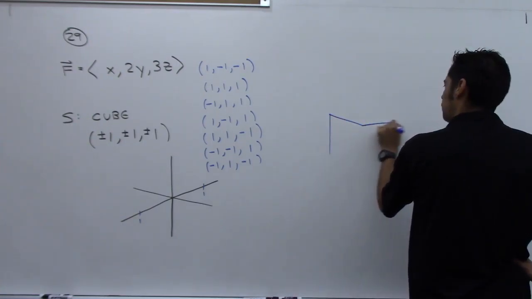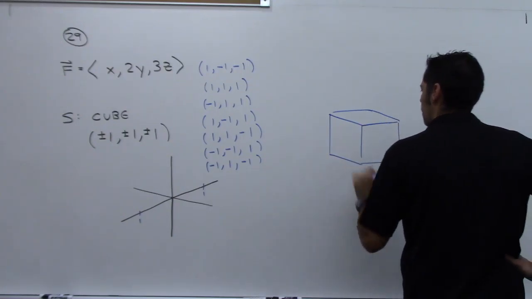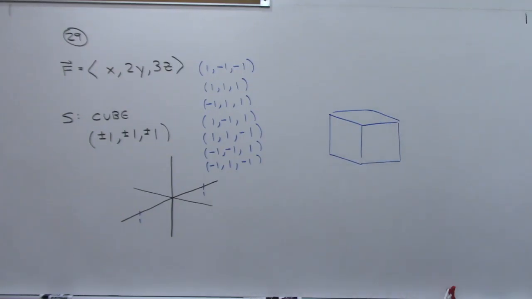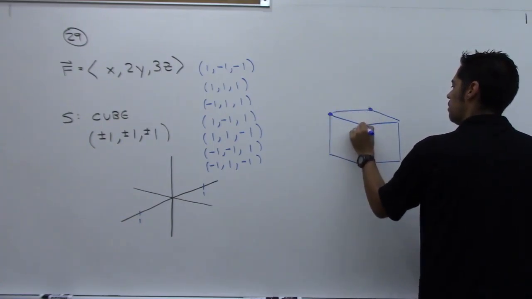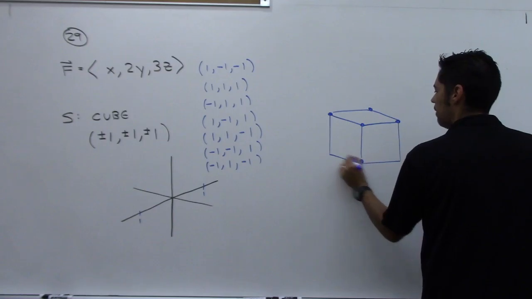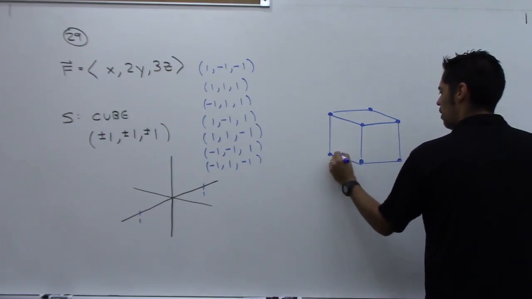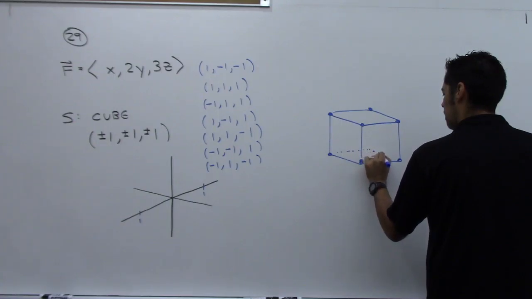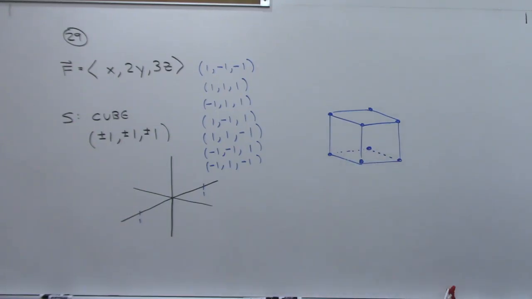So maybe it'd be easier just to do it this way, right? You got 1, 2, 3, 4, 5, 6, backside 7, 8. So somewhere in the backside of this, got that 8th point. Yeah, let's just do it this way.